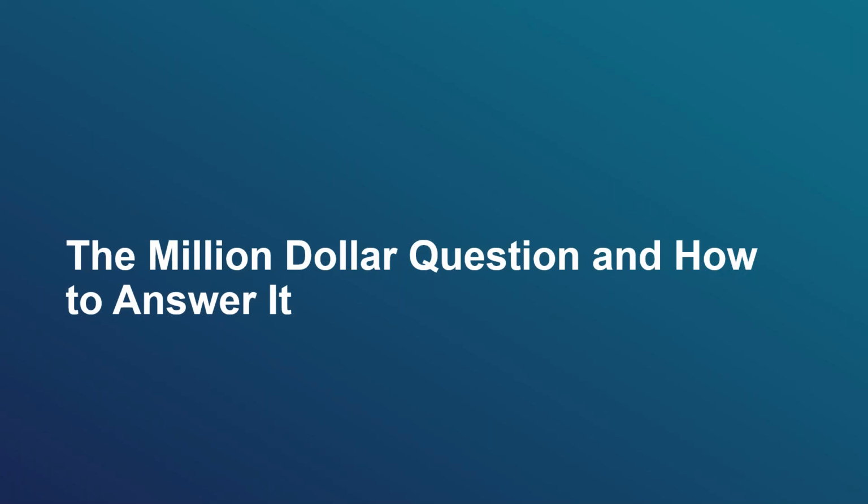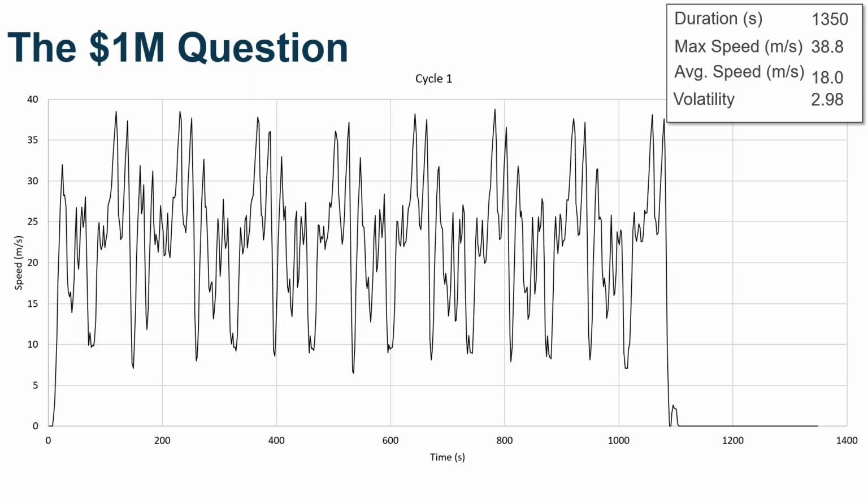And that brings us to the million-dollar question and how we're going to start to approach it. So now that we understand that physical testing is very expensive and that we always have to be driving towards what customers are actually doing, whether that be the actual customer use cases or things like emission cycles that we're required to do by law in order to make sure that the design is valid.